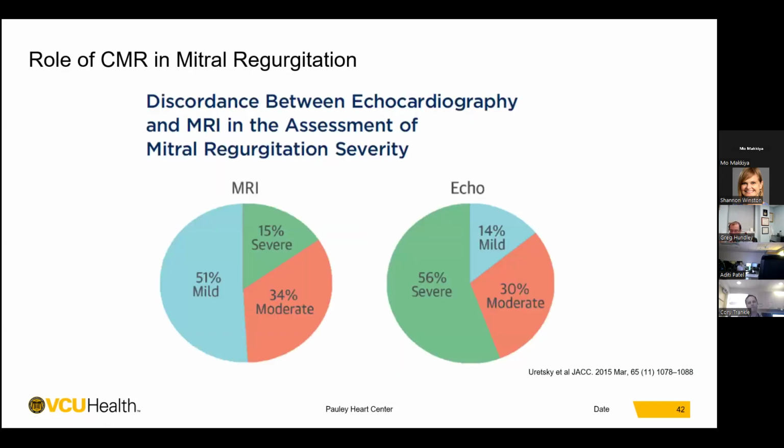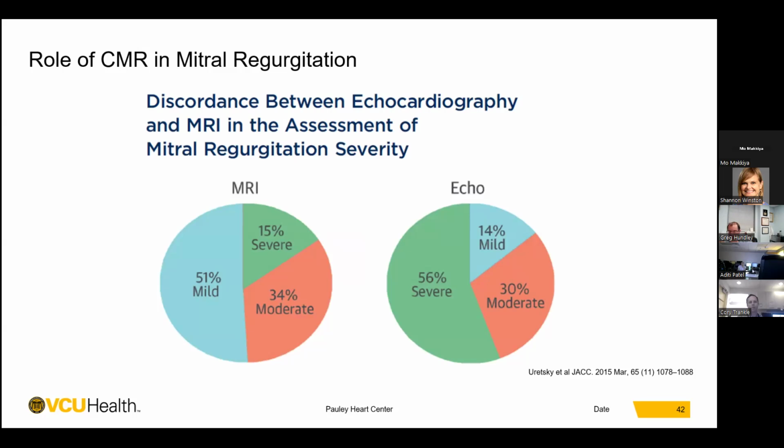So in this interesting prospective multicenter study, about 150 patients showed that there is substantial discordance between MRI and echo when grading the severity of mitral regurgitation, as we see here in these two pie charts.